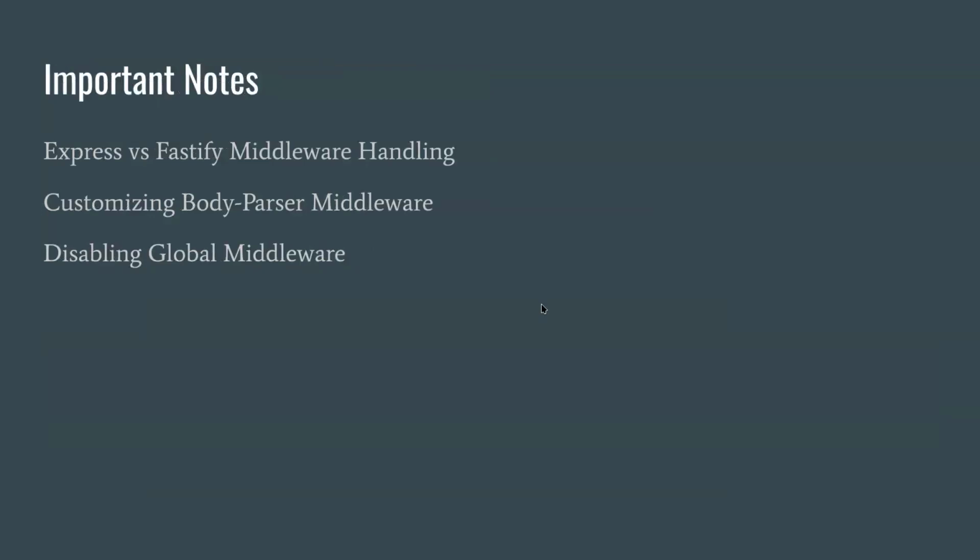If you are using the Express adapter, which is the default adapter for NestJS, NestJS registers JSON and URL-encoded middleware from the body-parser package by default. In order to customize this middleware, you need to disable the global middleware by setting the bodyParser flag to false when creating the application with NestFactory.create.